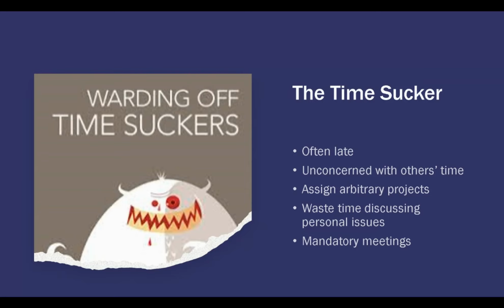In the meantime, that state report that's due this afternoon just sits there as your time goes down the drain. Oh, and let's not forget the mandatory meetings every single week that take 2 to 3 hours and could have been handled by email.